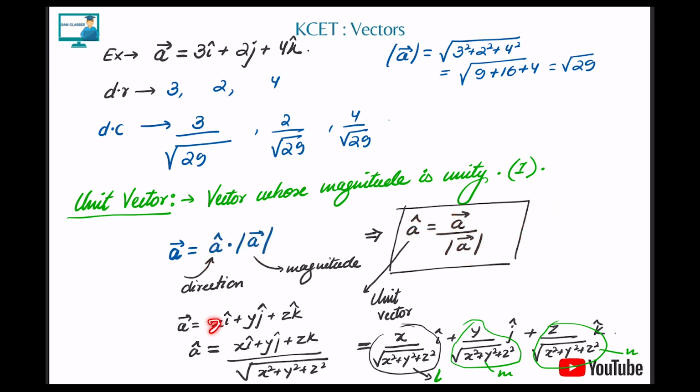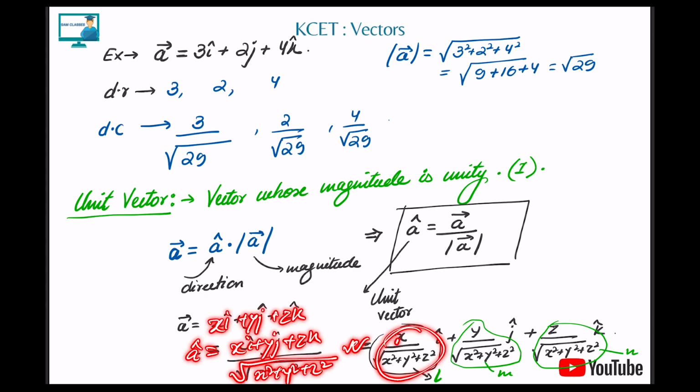So we have taken a vector x i cap plus y j cap plus z k cap. What will be the unit vector? Take that vector divided by its magnitude, that is root under of x square plus y square plus z square. Done. So we can write separately: x by root under of this whole thing, plus y by root under of this whole thing, plus z by root under of this whole thing.